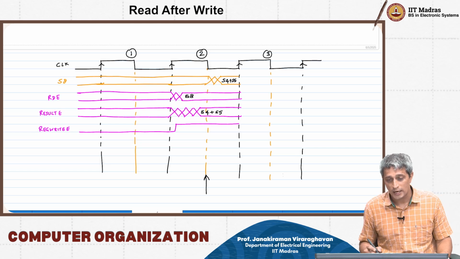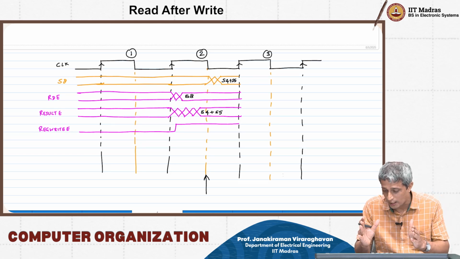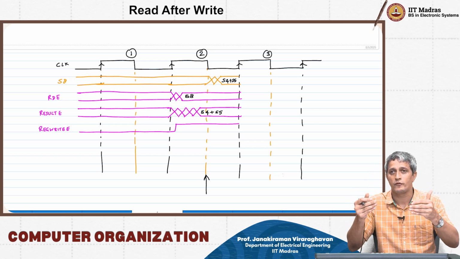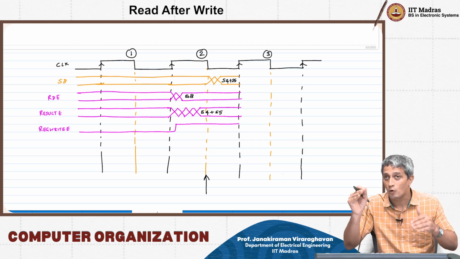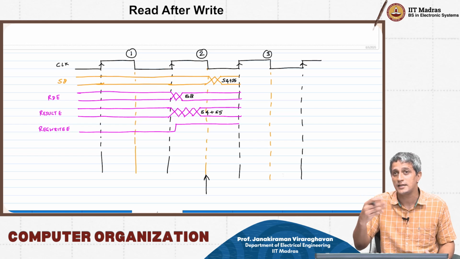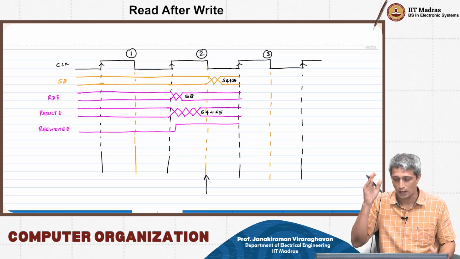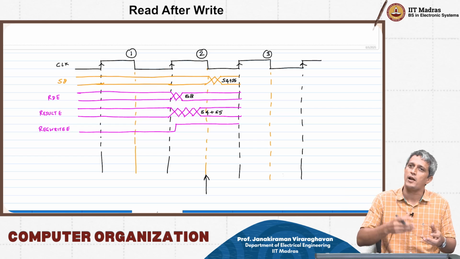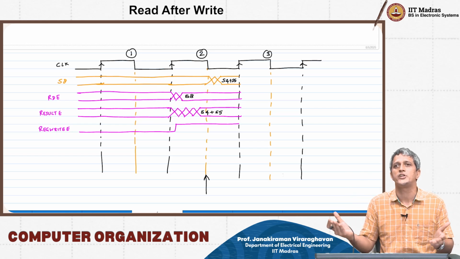However, note that if this has to happen correctly, the whole operation needs to be set up before the edge of the clock going to the register file, and that is the falling edge. So this entire ALU, data memory read plus mux, everything should finish in half a cycle.